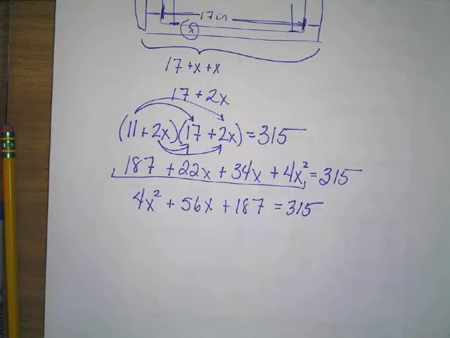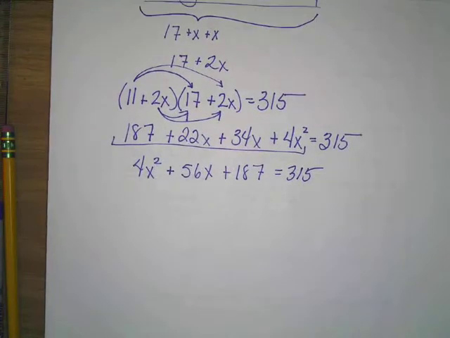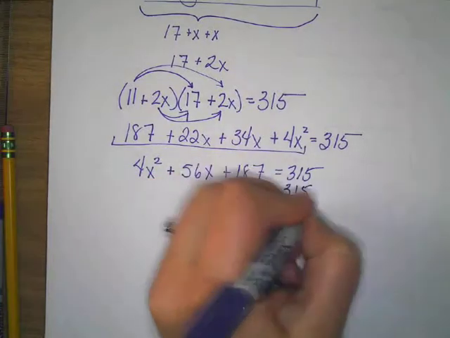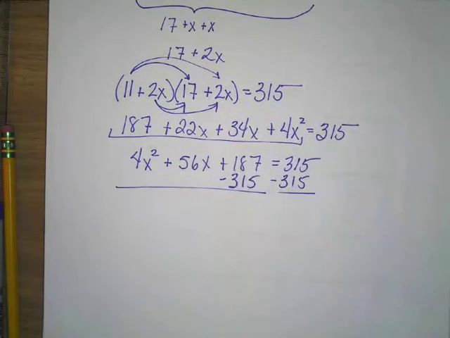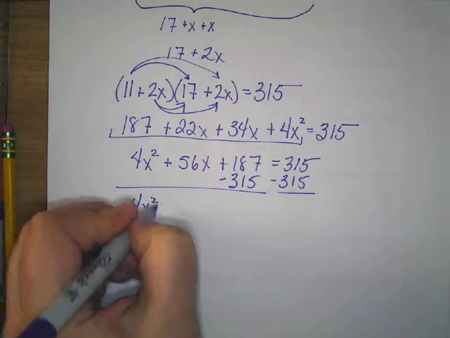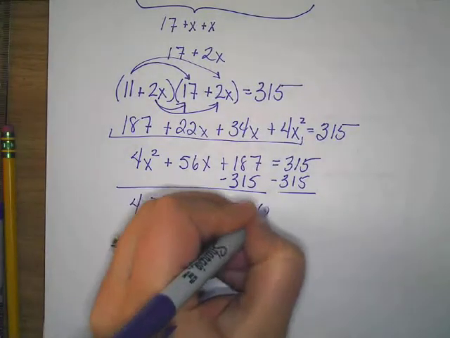Are we okay to there? Now what do we want this to equal? 0. So can we move the 315 over? From the 187, yep. Negative. Yep.